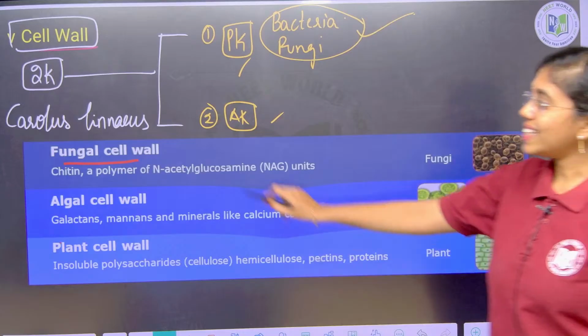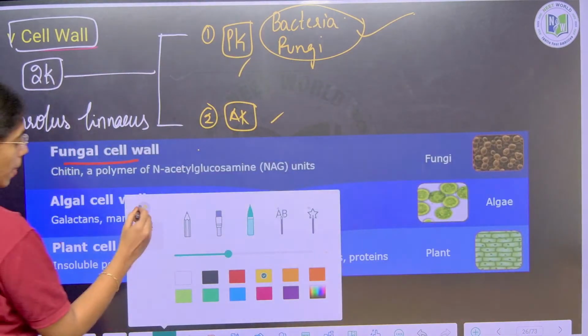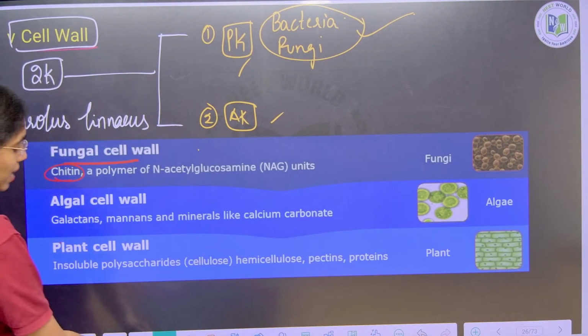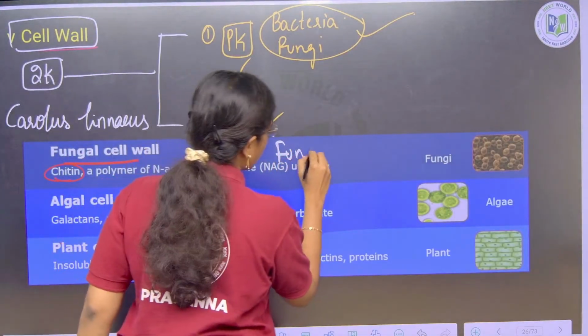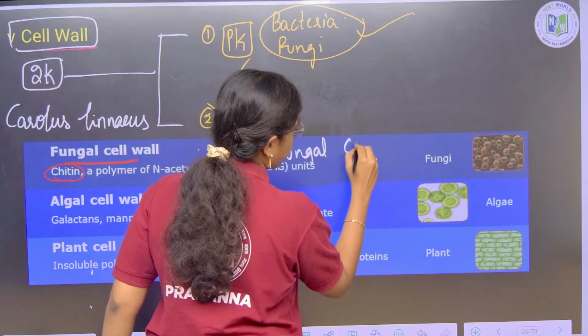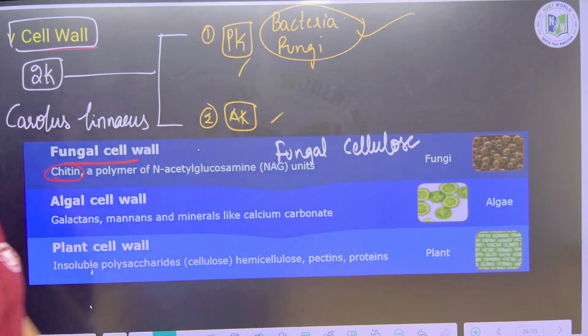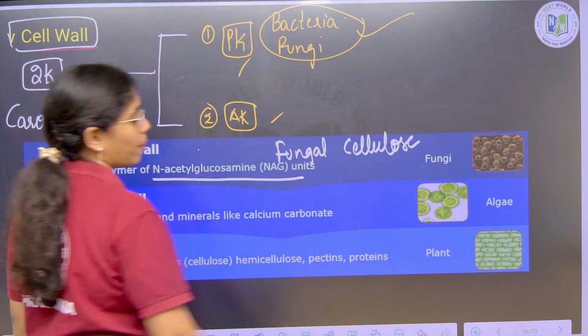Likewise, fungal cell wall you have what? Chitin. Fungal cell wall is made up of chitin. Chitin is also known as fungal cellulose. It is a polymer of NAG units, which are N-acetyl glucosamine units.